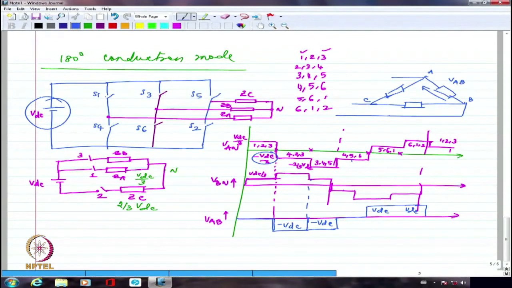And we don't have any control over the magnitude of any of these voltages, because we are keeping the switch on for the entire 120 degree or entire 180 degree, whatever be the case. So if I have a fixed value of DC voltage, I will also have a fixed value of output voltage. Only the frequency I will have control. I will not have any control over the magnitude of output voltage.